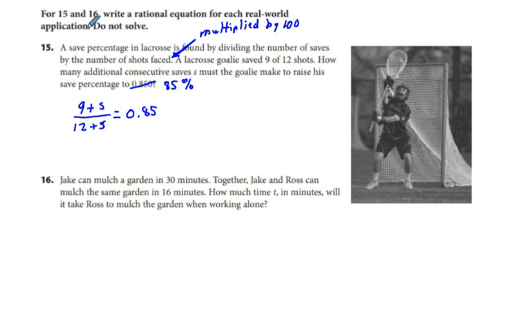And so we are setting up here. It says do not solve. We're not going to solve this. I will tell you that if we did solve this, we would get 4.33 extra shots.